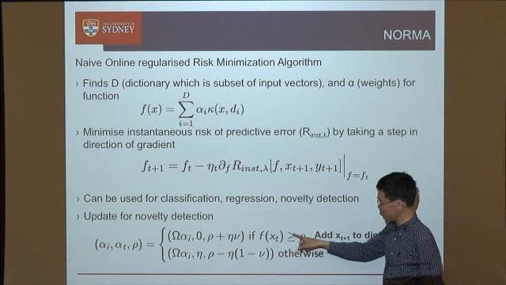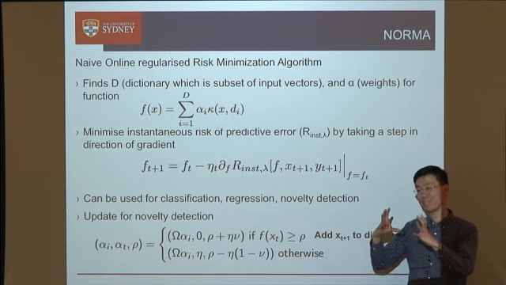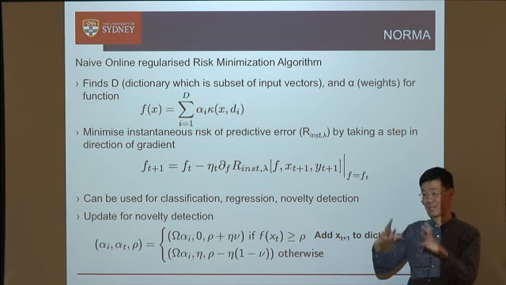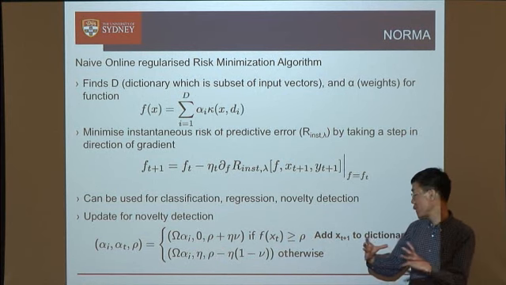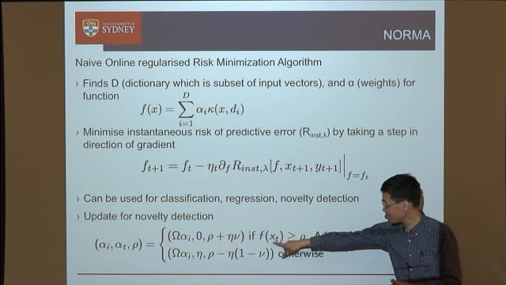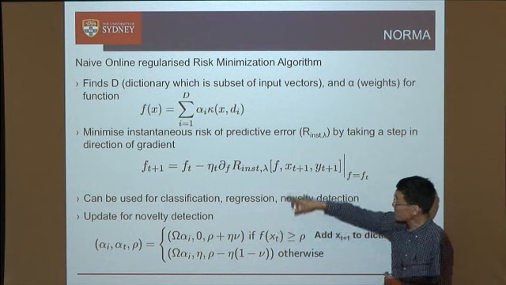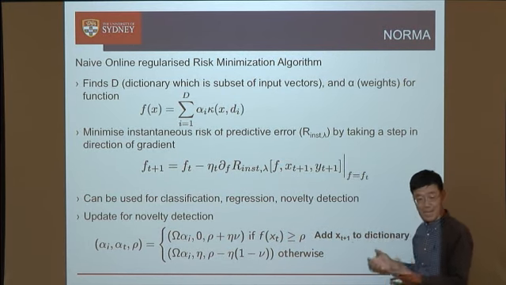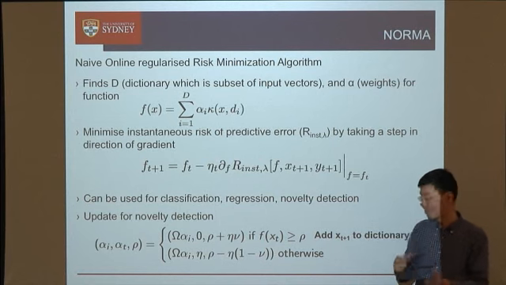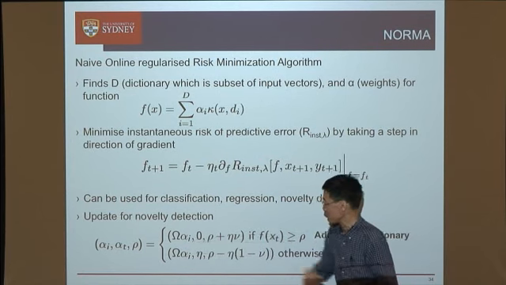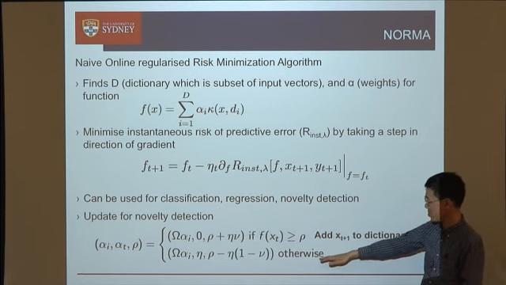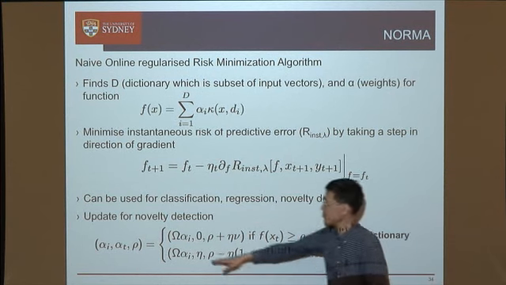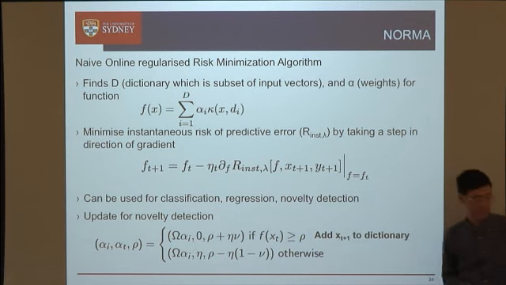In novelty detection, you try to put all your data inside a ball of radius rho. If the evaluation of this prediction is outside of this ball, then I want to add this point to the dictionary. If it's not outside the ball, then all I have to do is the weight update.